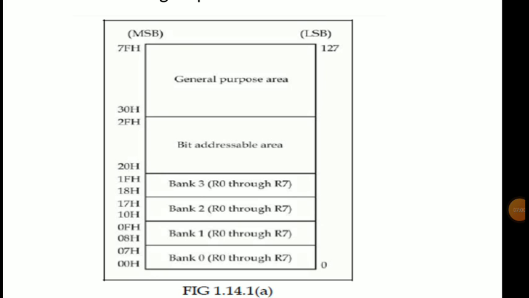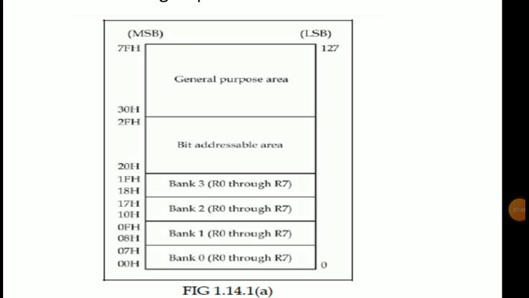And in the middle portion you can see the divided RAM, the grouping of RAM memory locations: bank 0, bank 1, bank 2 and bank 3, each with R0 to R7. After that we have the bit addressable area, and then the general purpose area.